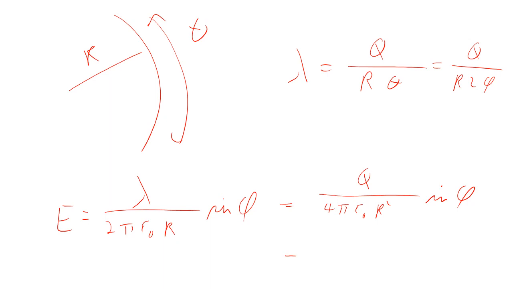Okay, or in other words, k sub e q over r squared sine phi. Okay, so if you happen to know what q is, then you can plug that back in and find the electric field. If you don't know q, but instead you know how it's distributed, the charge per length, then you would use that form right there of the equation. So either way, there's two different ways of expressing this.